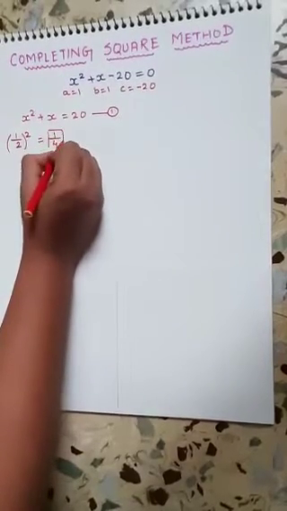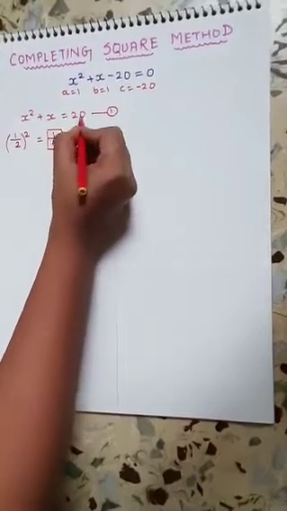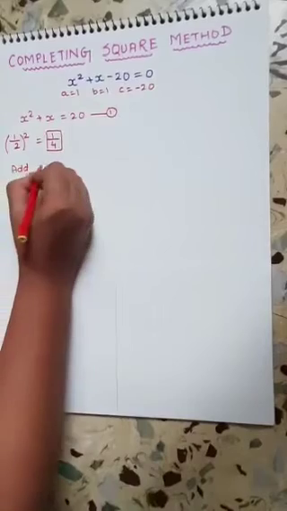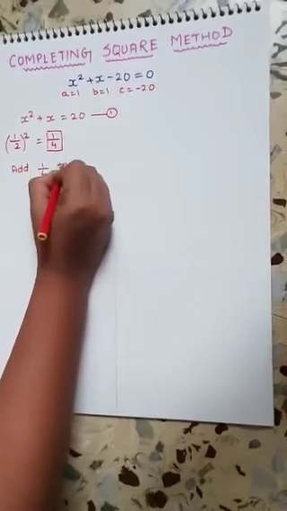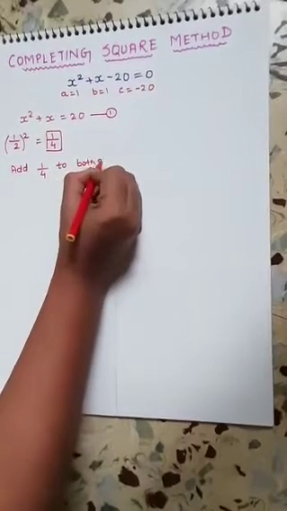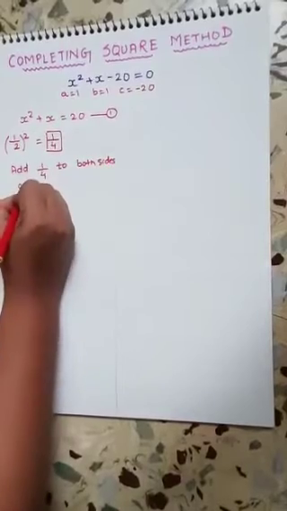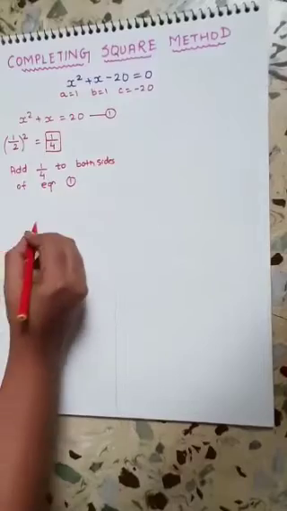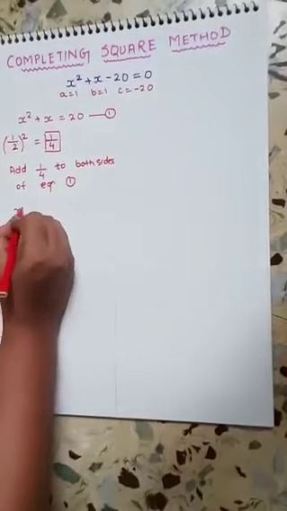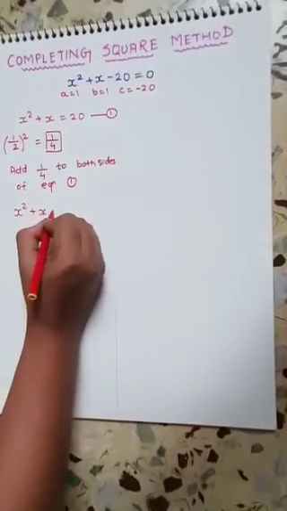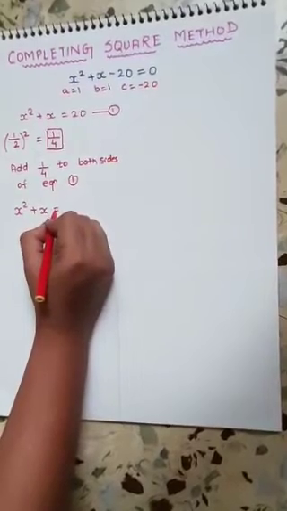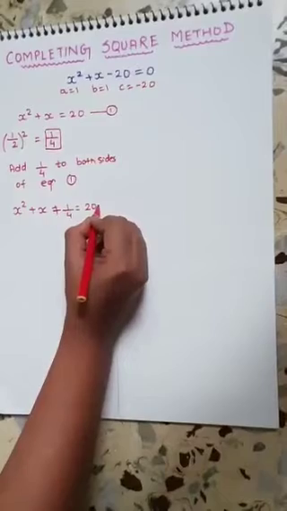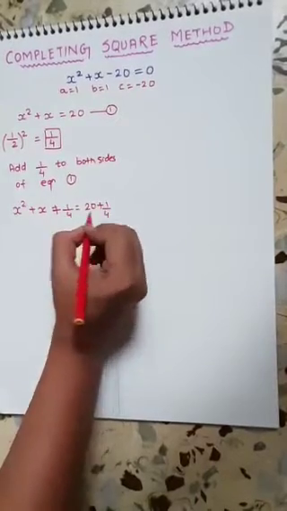Now add this 1 upon 4 to both sides of equation 1. So when you add, we'll write it as x square plus x plus 1 upon 4 is equal to 20 plus 1 upon 4.